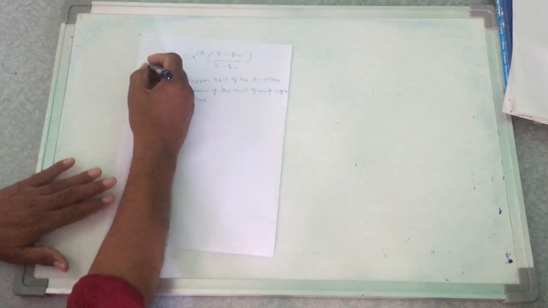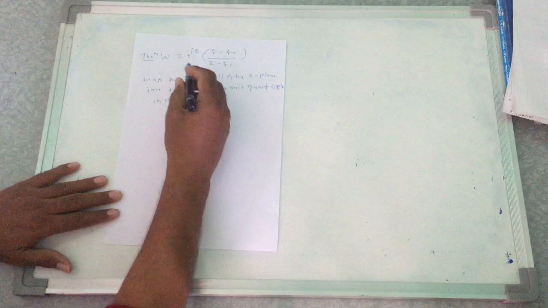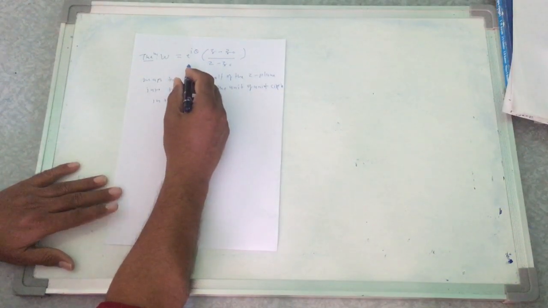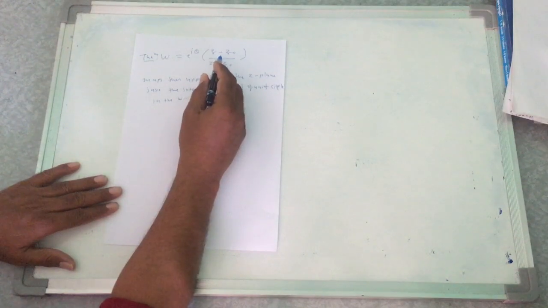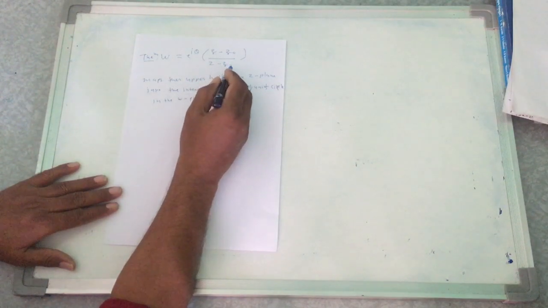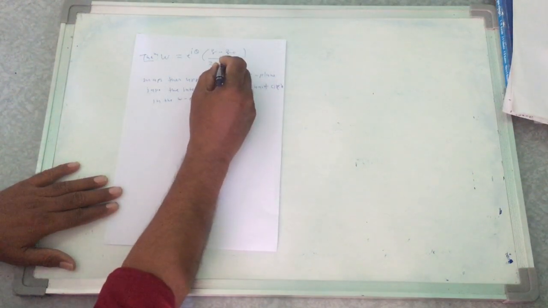So this is the theorem. If the theorem is like this, W is equal to e to the power i theta into (Z minus Z0) upon (Z minus Z0 bar), here bar is there.